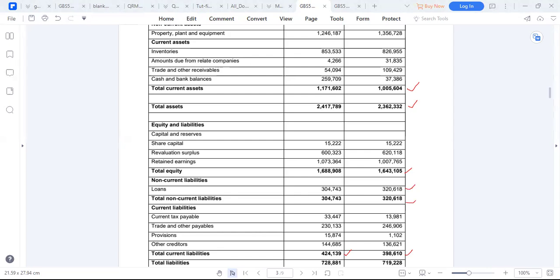I just need you to understand how to locate the particular figures. I'm not very much concerned with the solutions per se.